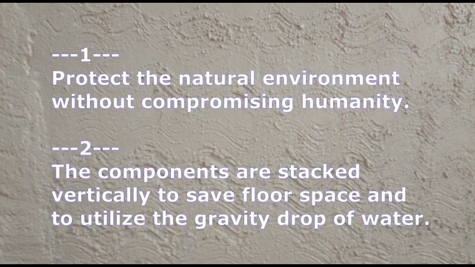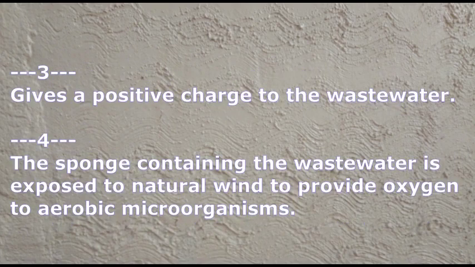Features of the Sky Method. 1. Protect the natural environment without compromising humanity. 2. The components are stacked vertically to save floor space and to utilize the gravity drop of water. 3. Gives a positive charge to the wastewater. 4.